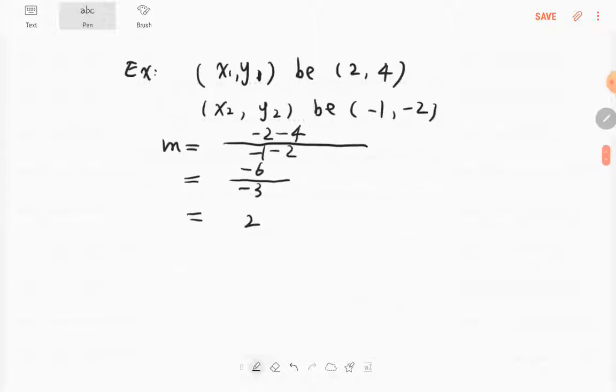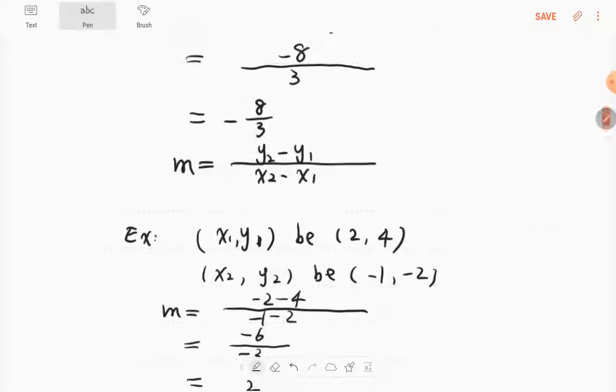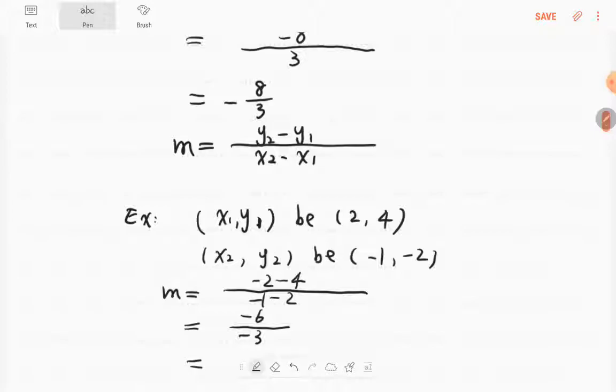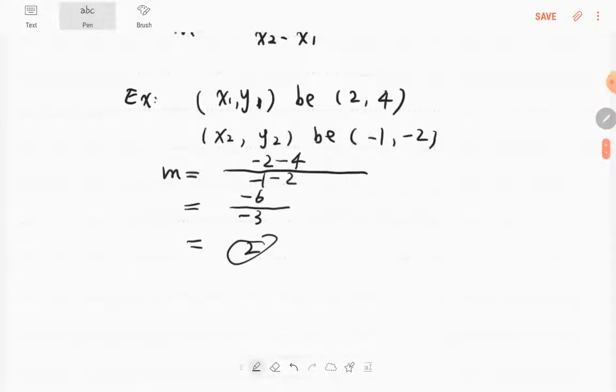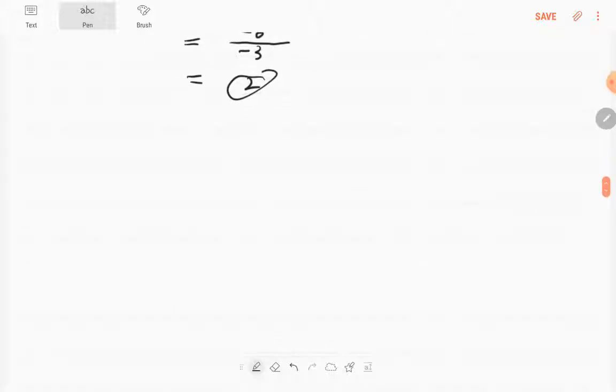And from the graphs of these two examples, we realize it's possible to get a negative slope. Sometimes it's negative, and sometimes it's positive. What does that mean? We will have this conclusion.